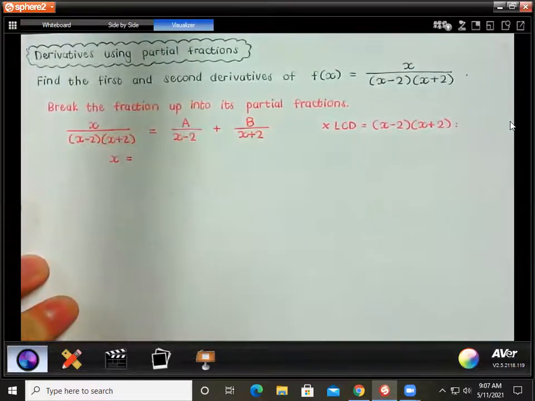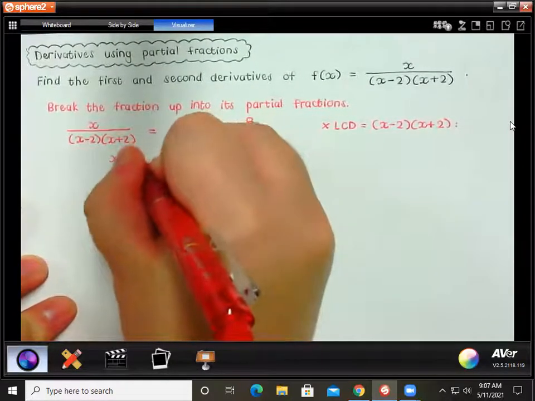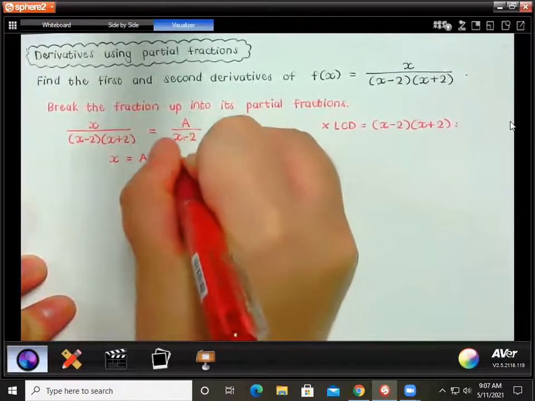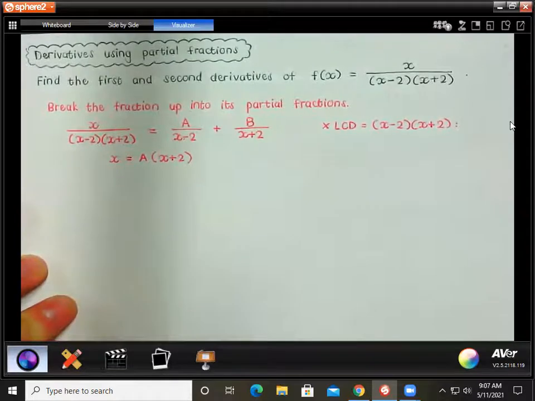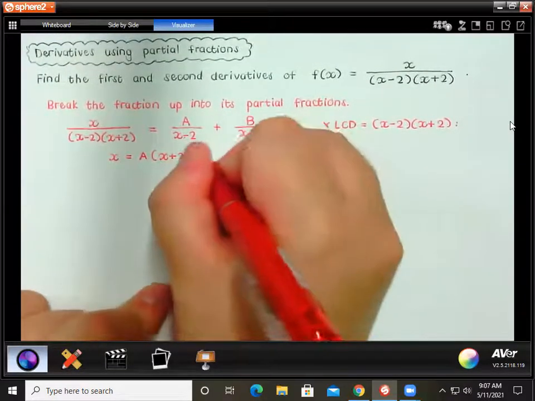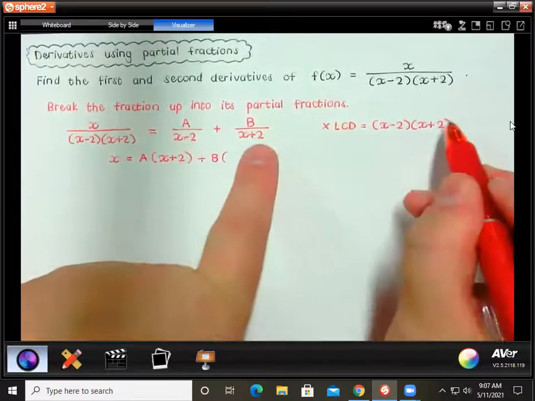That is equal to the next fraction. I'm going to have A, and the x minus 2's are going to cancel out. So I'm going to have A times x plus 2, right? Because I'm multiplying that by x minus 2, x plus 2, and then plus B. Now the x plus 2's are going to cancel out.